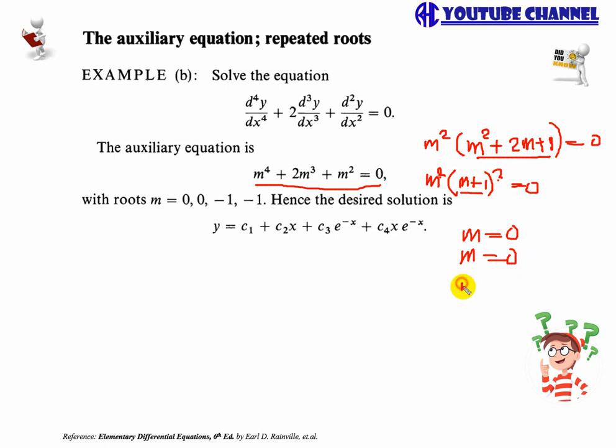Tapos, m plus 1 is equals to 0, so m is equals to negative 1. Same sa pangalawa, which is m plus 1 is equals to 0, so m is equals to negative 1. So, therefore, yung roots natin is 0, 0, tapos negative 1, negative 1.